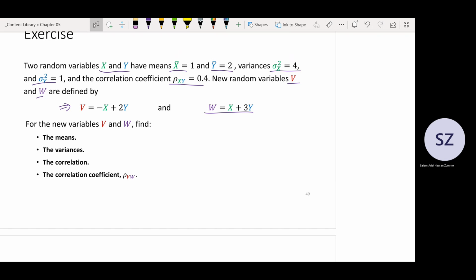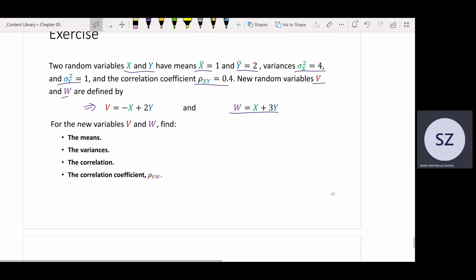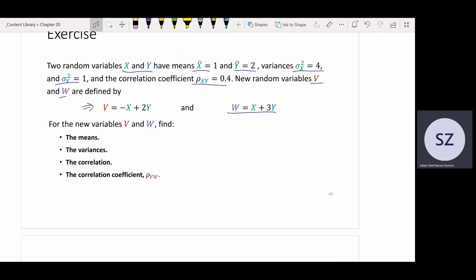Any answer? Any answer? There should be variance of 3, 12. What?